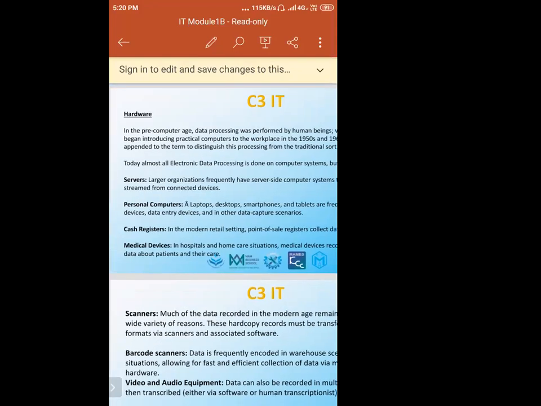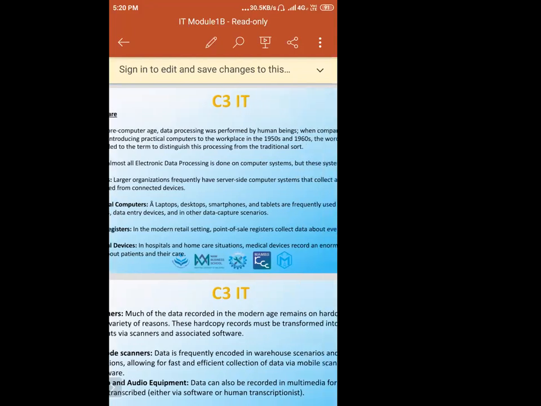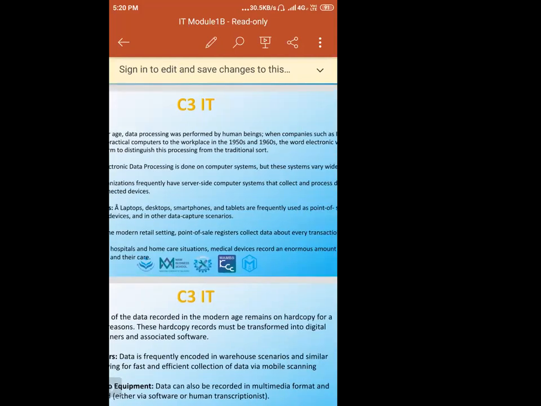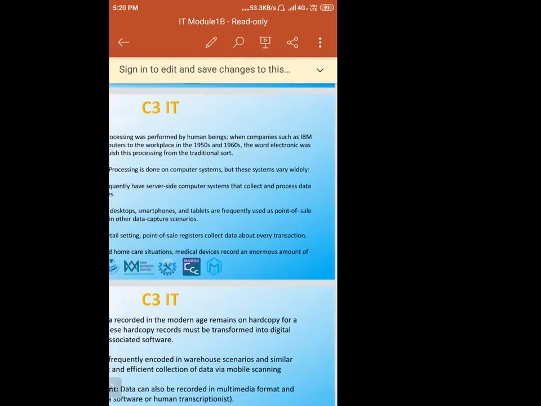Do you know anything about cash registers? So if you are having a shop, the cash register system is there. If any cash comes in, you can enter it through the system, the cash drawer will open, so you can keep the money, then you can take the money, and the system will count how much. In the modern retail setting, the point of sale system registers the collecting of all the data about every transaction.